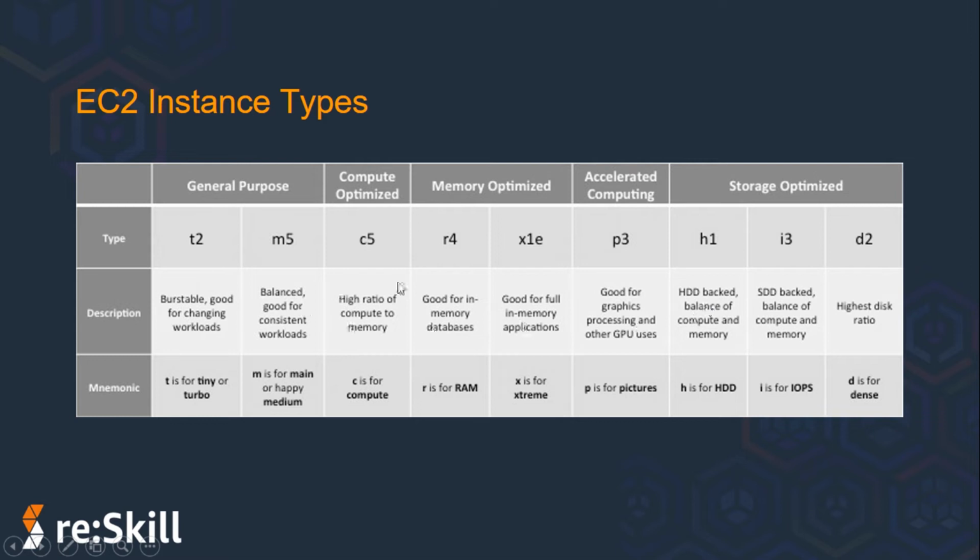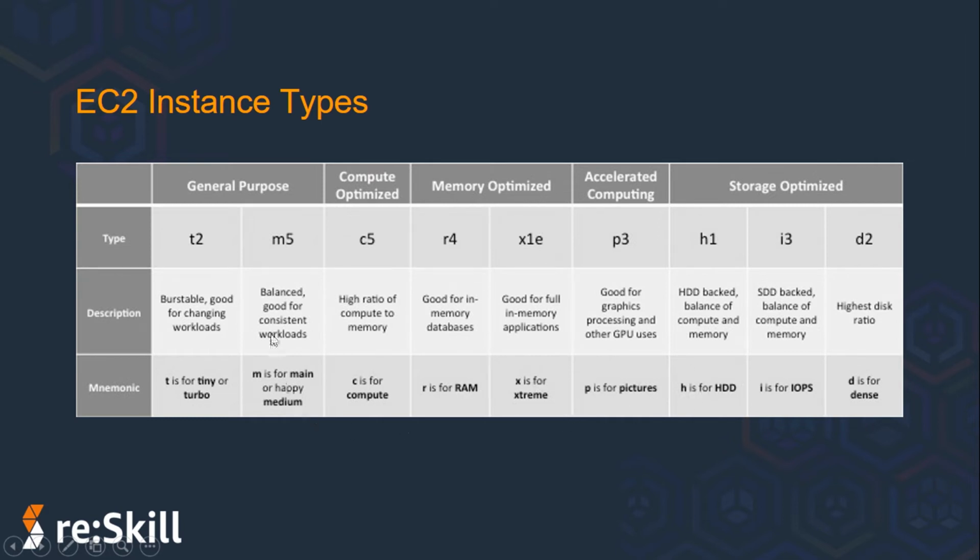And what's there in the name of an EC2 instance? Let me tell you. See, here is the T, which indicates the family. T type and M type come under general purpose. T stands for tiny or turbo. M is for main or medium. In compute optimized, C is for compute, R in memory optimized is for RAM, and the same way for others.